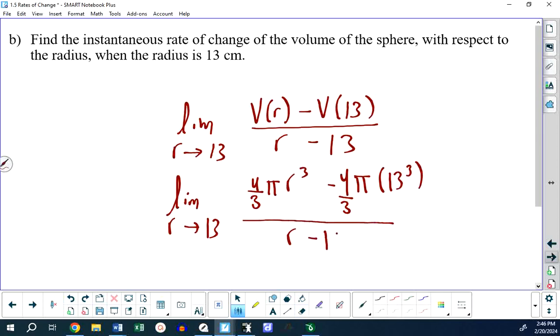And I hope, as we've encountered in an earlier example with differences of squares, it's obvious why you do not want to calculate 4/3 pi times 13 cubed. Because if you take that 4/3 pi out, you're left with r cubed minus 13 cubed, which is a difference of cubes. One of the factors of a difference of cubes, in this case, will be r minus 13.